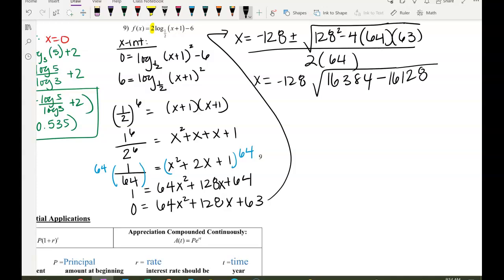Tamer, check my work. Is that right? Yeah. Okay. 2 times 64, we kind of got that earlier. It was 128. Okay, now, Sean, punch it in. 16,384 minus that under the radical. What is that going to give us?